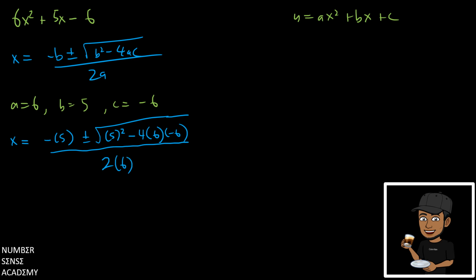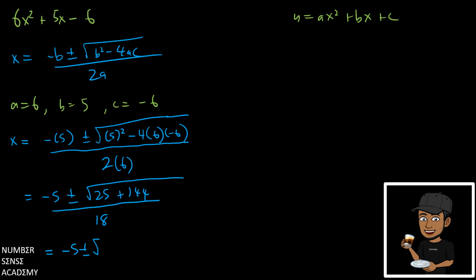And then we're going to simplify as much as we can. So the negative of the negative 5 becomes negative 5. So we'll have plus minus, and then we have 5 squared, which is 25. And we have negative 4 times 6, which is negative 24, times negative 6, which is positive 144. And then we have over 12. We're going to continue to simplify, and we have 169 over 12. My apologies, not 18, 12.